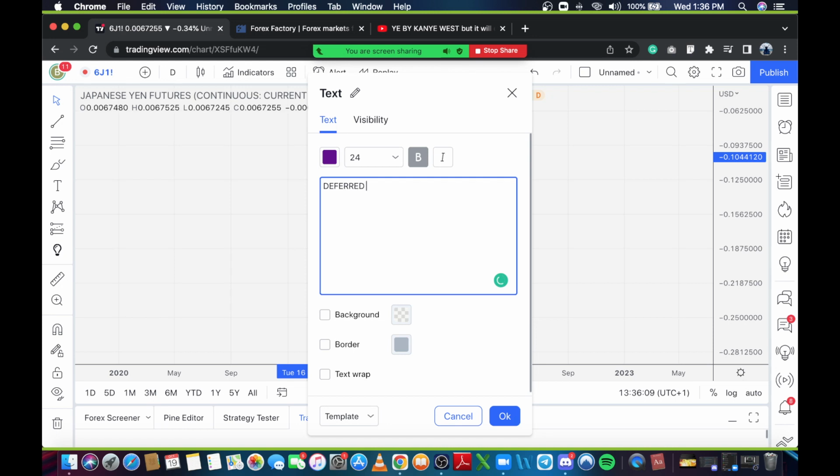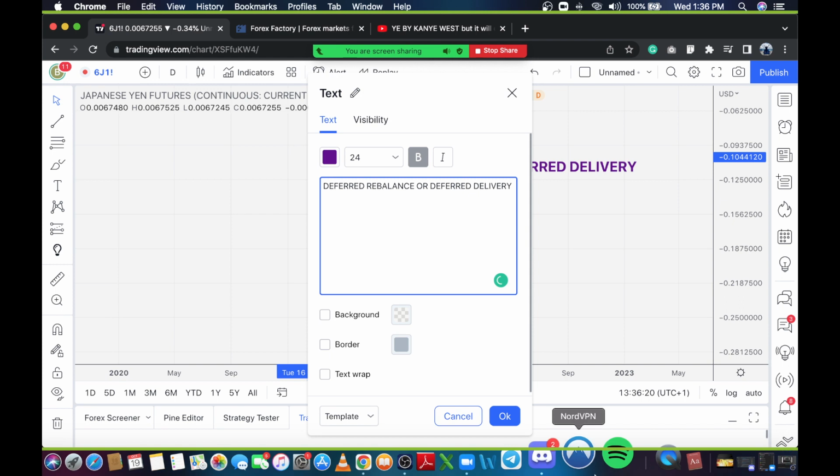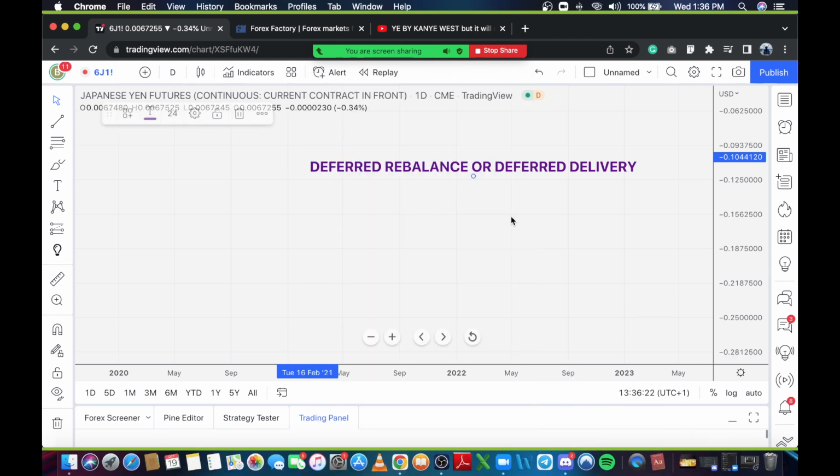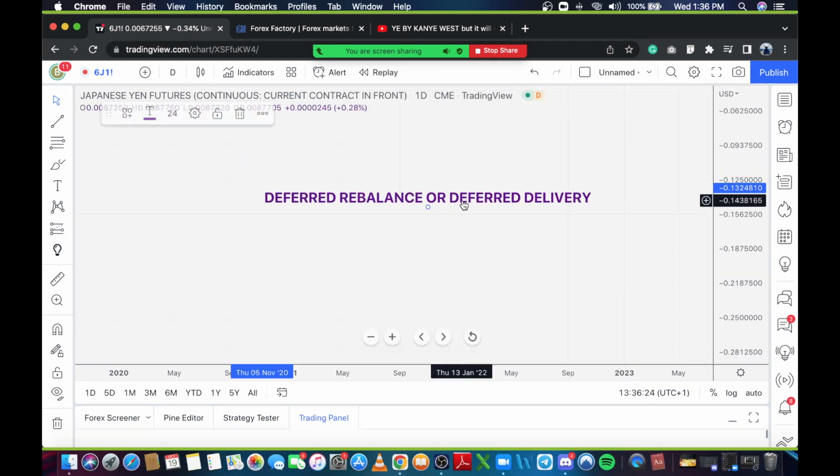All right, so an inefficiency is the point of deferred balance or deferred rebalance, or deferred delivery. So what do I mean by deferred rebalance or deferred delivery? It simply means at that point in price, there was no true transaction at that price point.